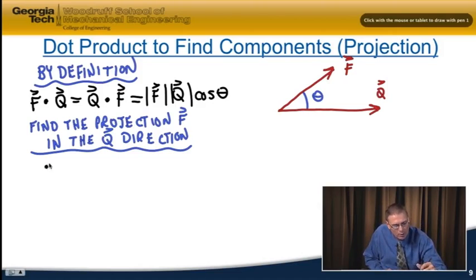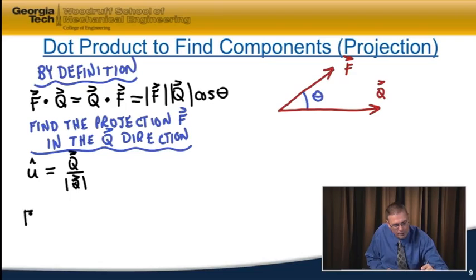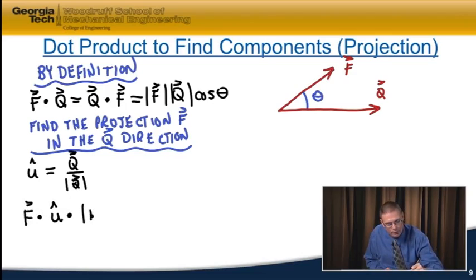So we'll call the unit vector U. And so U is equal to the vector Q over the magnitude of the vector Q. And then we can finally find the projection of F on the Q direction by saying F dot U is equal to the magnitude of F times the magnitude of U, but the magnitude of U is 1, times the cosine of the angle between them.